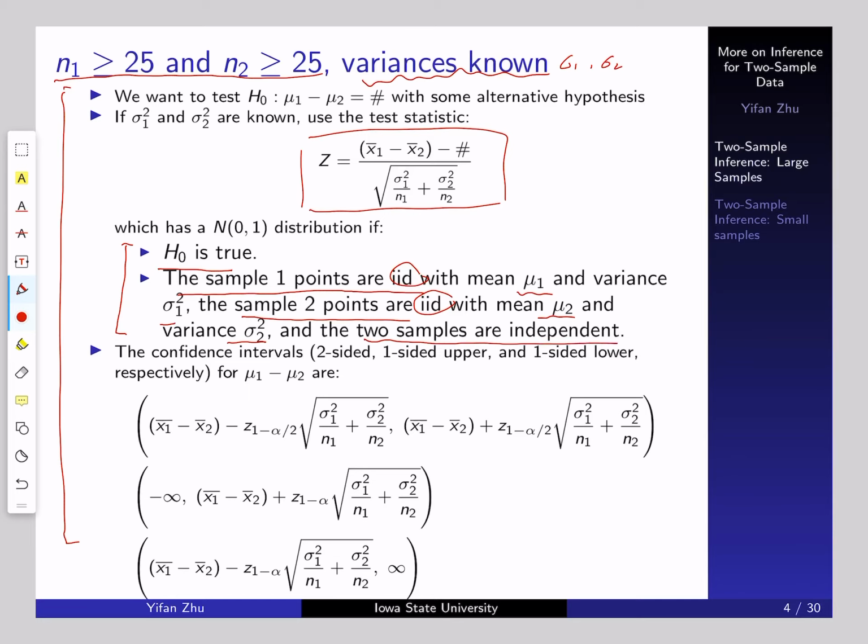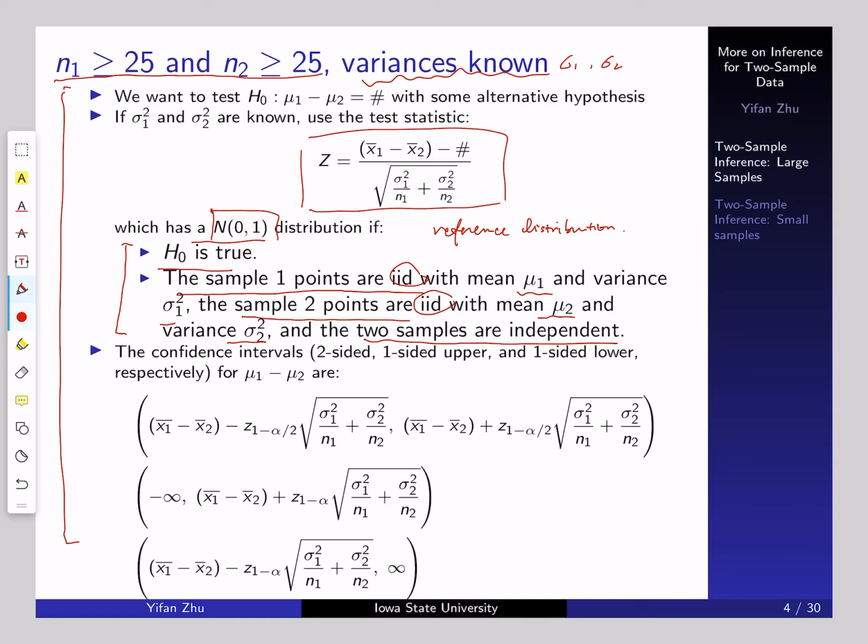Not only the data points within each sample are independent, but these two samples are also independent. And under these assumptions, the test statistic would have a standard normal distribution. And this is the reference distribution we use for the test.